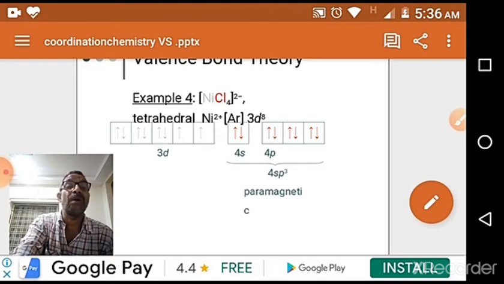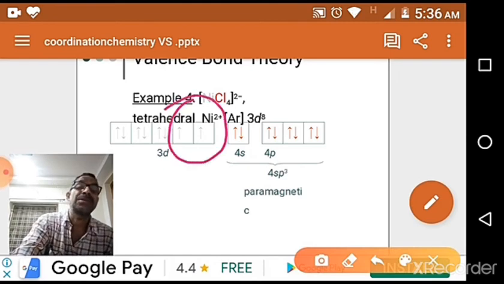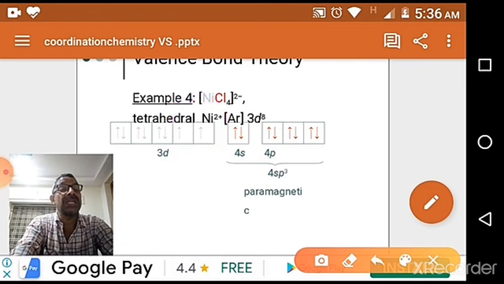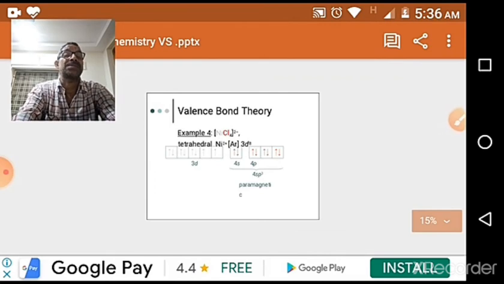That's why 4 bonds form between the chlorides and nickel. Experimentally, it is proved that it is paramagnetic in nature. This paramagnetic property is explained by the two unpaired electrons in the 3d orbital. So this is the valence bond theory explanation of the tetrachloronickel complex.